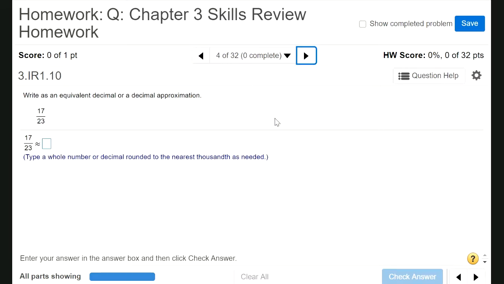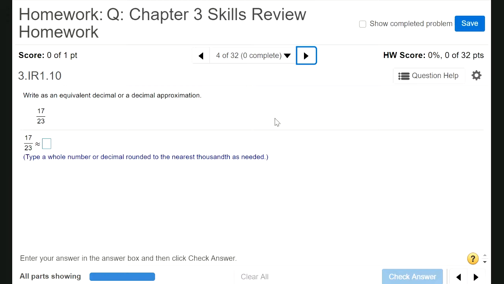So this chapter 3 skills review is going to go over a lot of different skills that we need in order to do probability questions. And one of the things with probability is that probability can be written as a fraction, a decimal, or percent. We've practiced this before, but we're going to practice it again because we're going to be using it a lot. This one wants you to write an equivalent decimal or a decimal approximation.